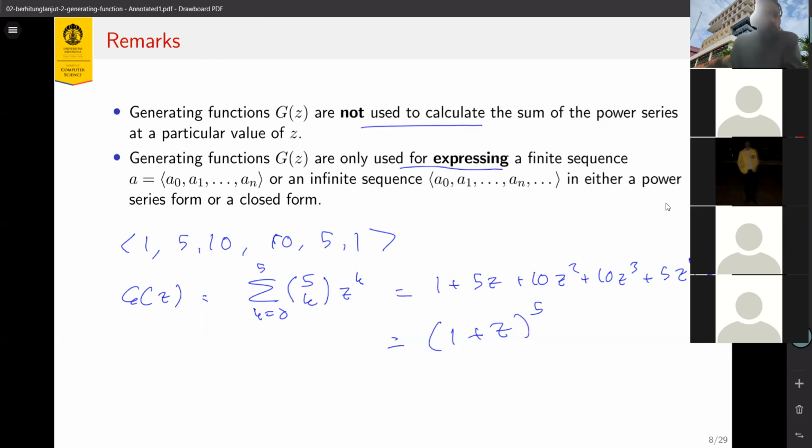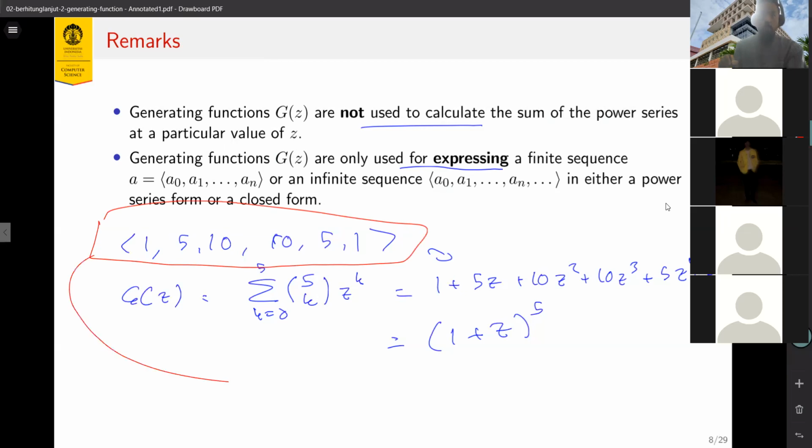So then what's the point of having this representation? The idea is that if we have this sequence, then we could represent this sequence using this form. Later on, we could combine two different sequences by, for example, adding them, multiplying them together, and so on. So that's our main idea here.